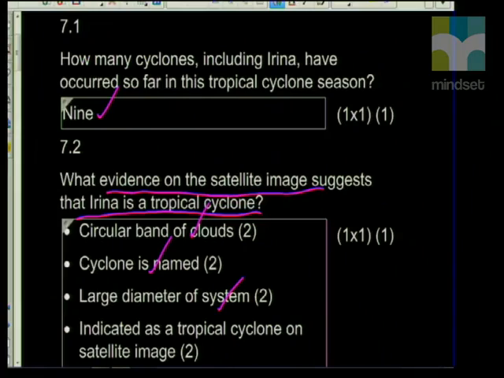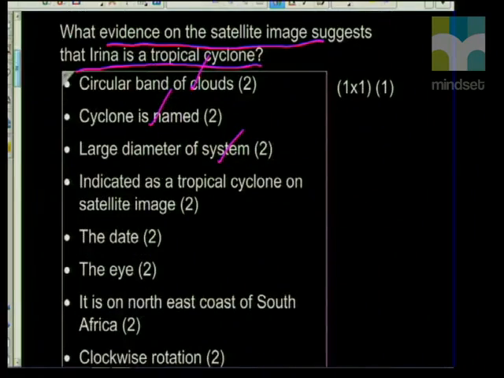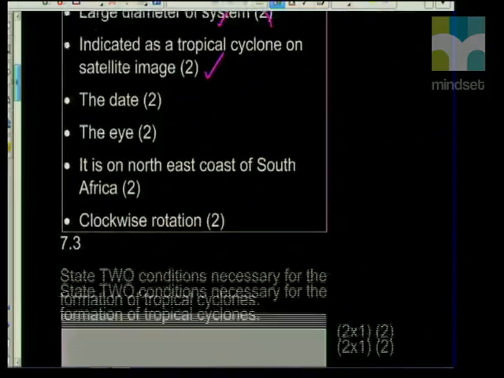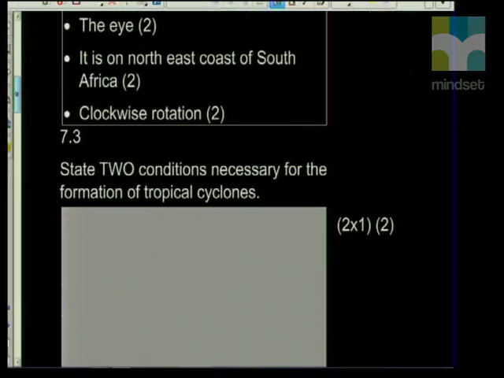It wasn't very clear there, but it tells you it's a tropical cyclone. There are many more I can go through here. I'm going to change this to 1 mark, because there's 1 there that tells us that. But I could go through the whole list, which you're very familiar with, learners. Let's go to the next question, 7.3.